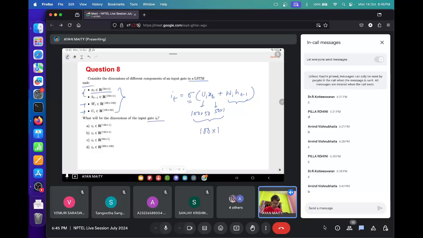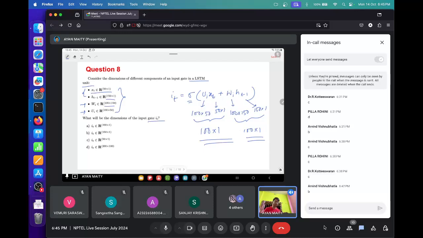Similarly for the next multiplication, wi ht minus 1: dimensions for wi is 100 by 150, and for ht minus 1 is 150 by 1. If we multiply these two, it has to come 100 by 1, otherwise we cannot add these two matrices.